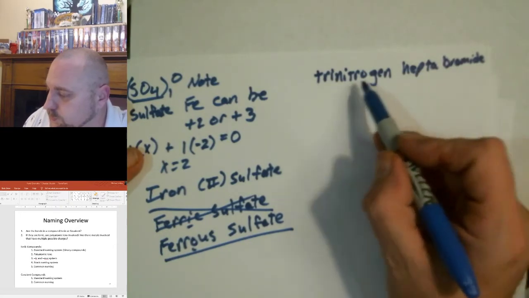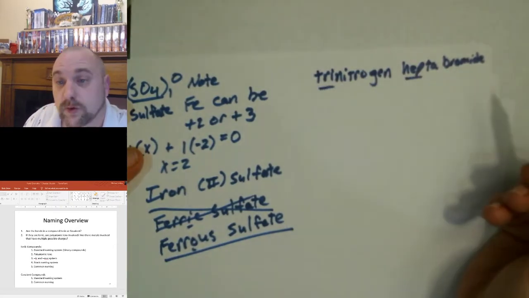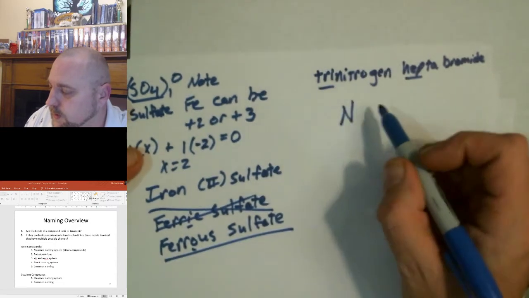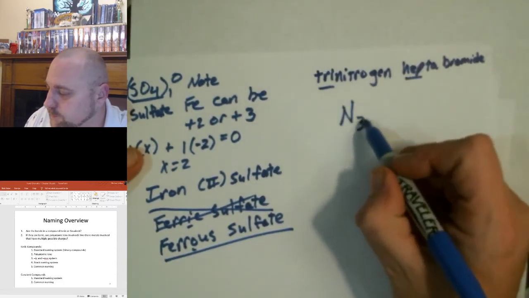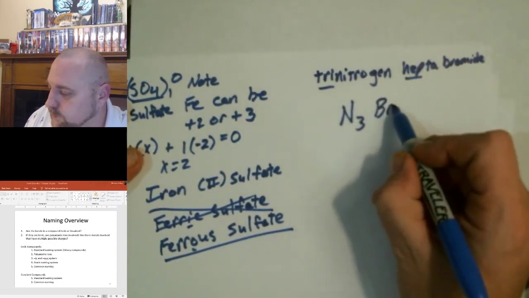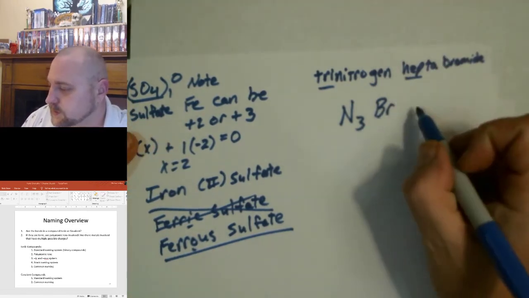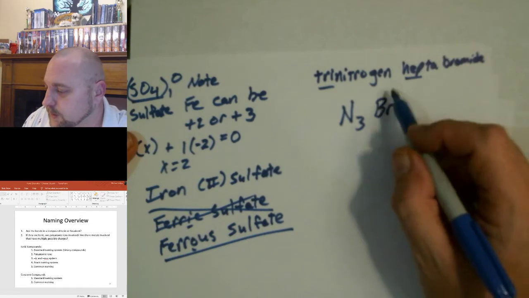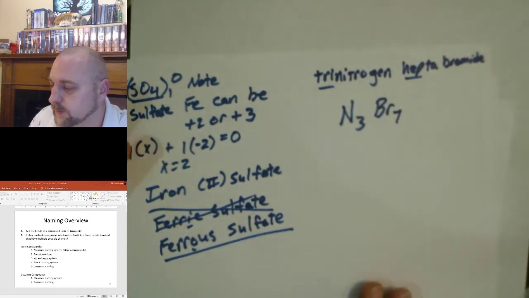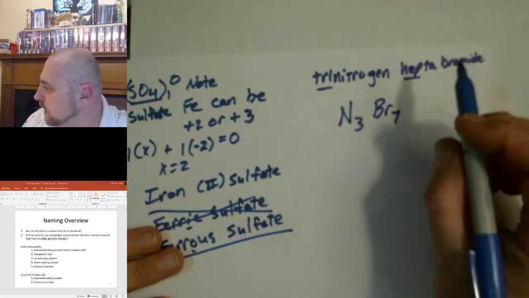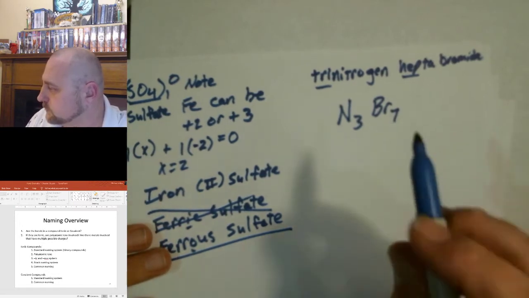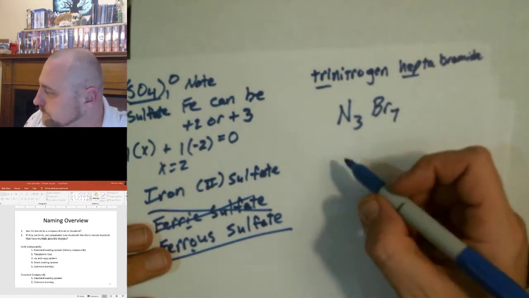Well, when we see these prefixes, they're telling me it's covalent bonds. Nitrogen, I have 3 of them. Br for bromine, don't forget the -ide just changed. You're going to have to look up bromine, and I've got 7 of those. So not too bad. Those are nice and easy. I like the covalent system.